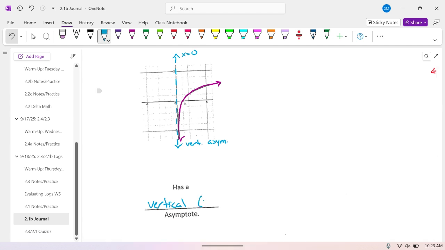And remember, you write that as x is equal to some number. So if I ever ask you what is the vertical asymptote of this graph, you need to say x equals some number. Do not just give me a number. If you just give me a number, it's counted wrong, because you have to write it as an equation of a line. A number is not an equation of a line.